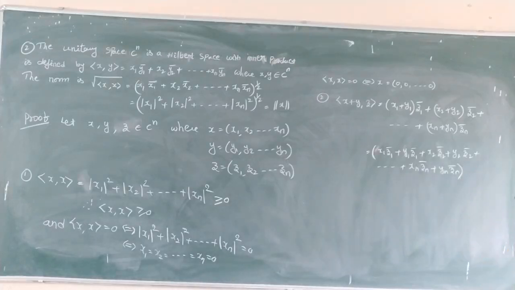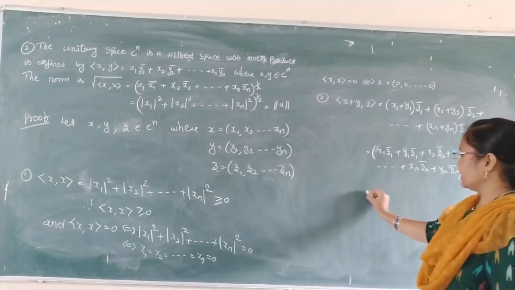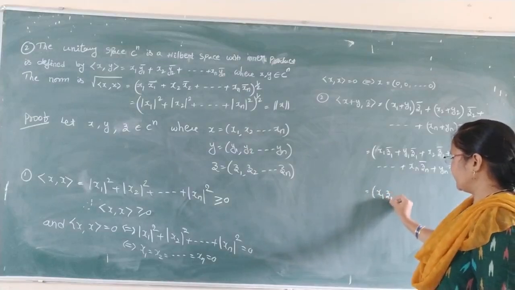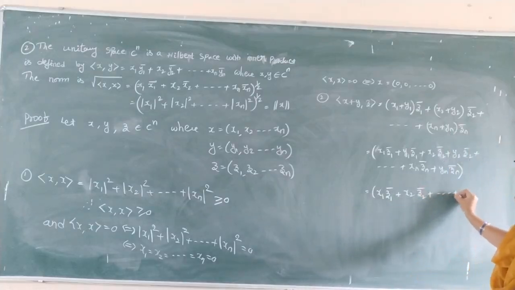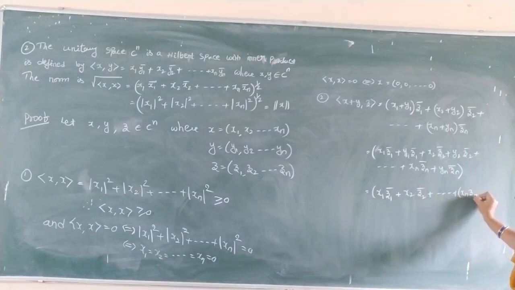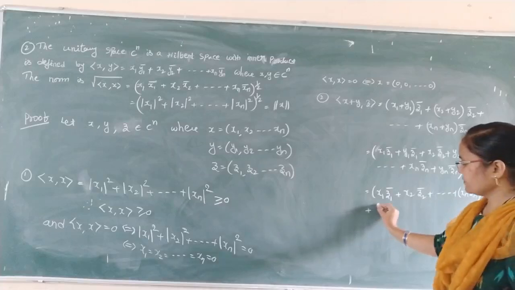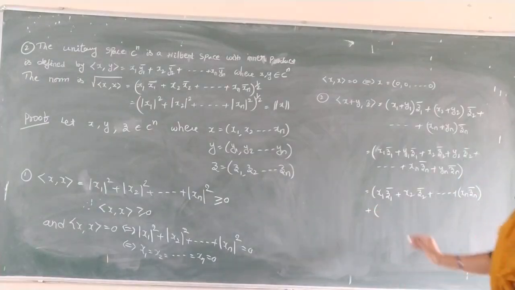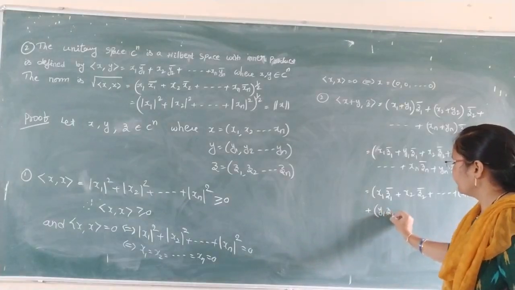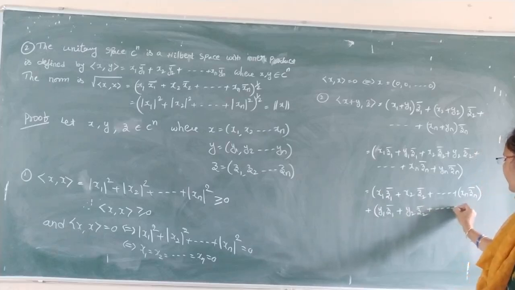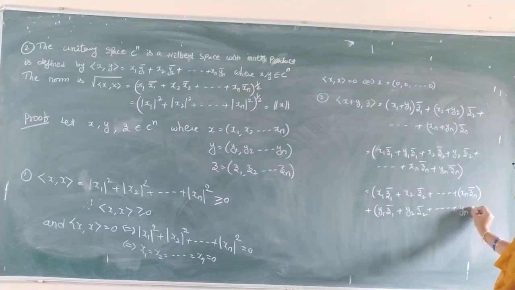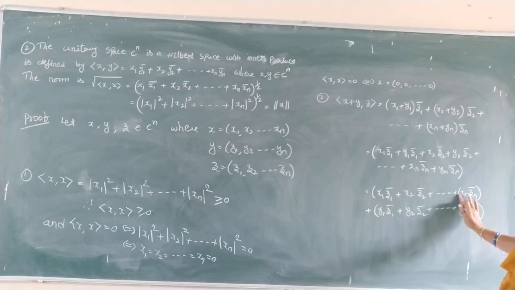After multiplying all the x terms, the xz terms are in one brace and the yz terms are in another brace. So the x terms are x1 z1 bar plus x2 z2 bar plus so on plus xn zn bar, and the y terms are y1 z1 bar plus y2 z2 bar plus so on plus yn zn bar.